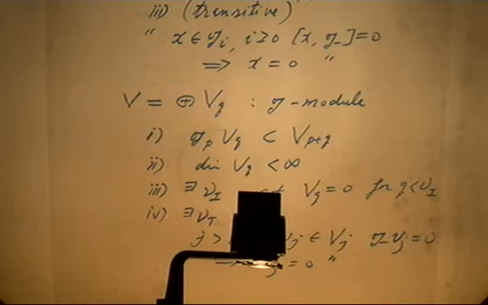The fourth condition is similar to the transitivity condition. That is, there exists ν such that if v_j is contained in V_j and G_minus v_j equals 0, then v_j equals 0. This is a condition of effectivity.